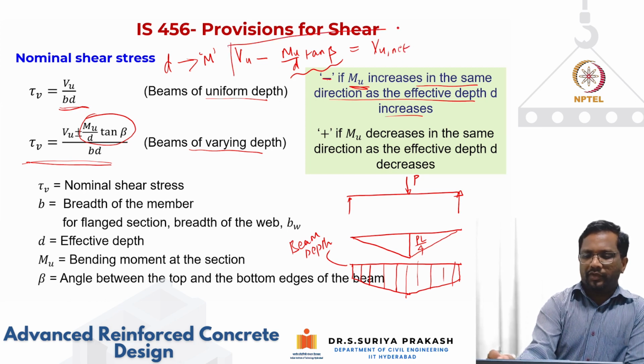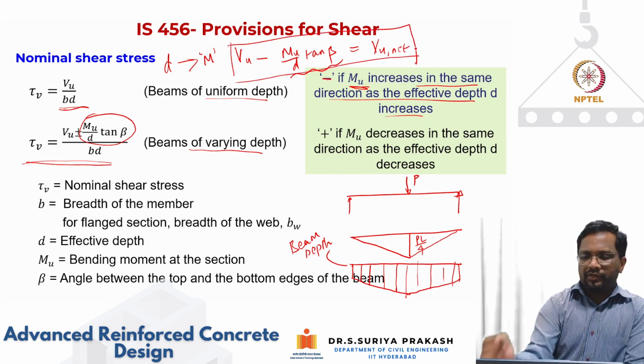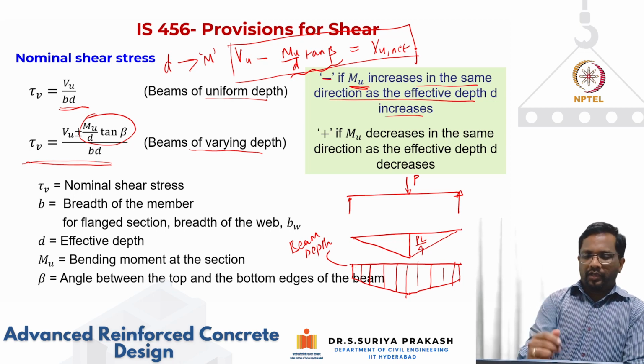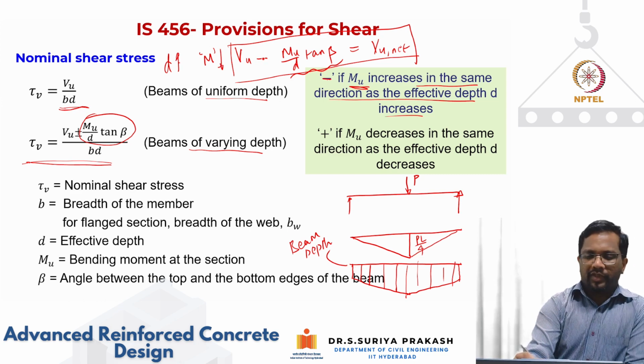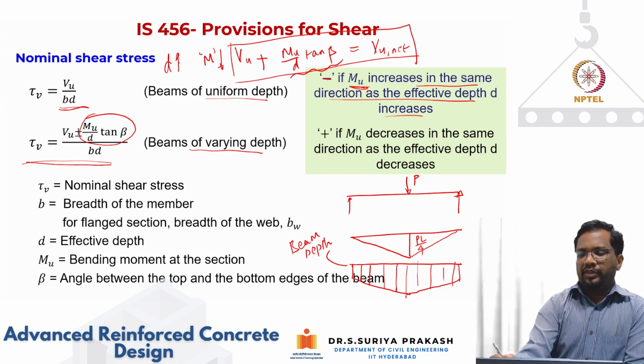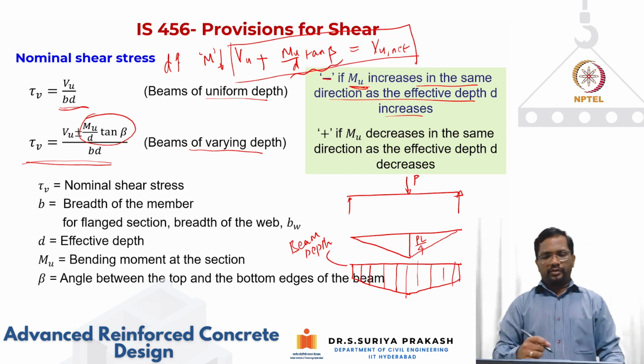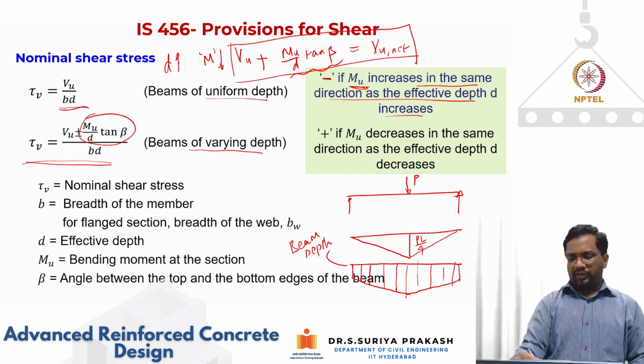This is the one that we are going to use in our calculations. If d is increasing and the moment is decreasing, then your shear demand will become Vu plus Mu by d times tan beta. So this scenario is exactly the opposite.